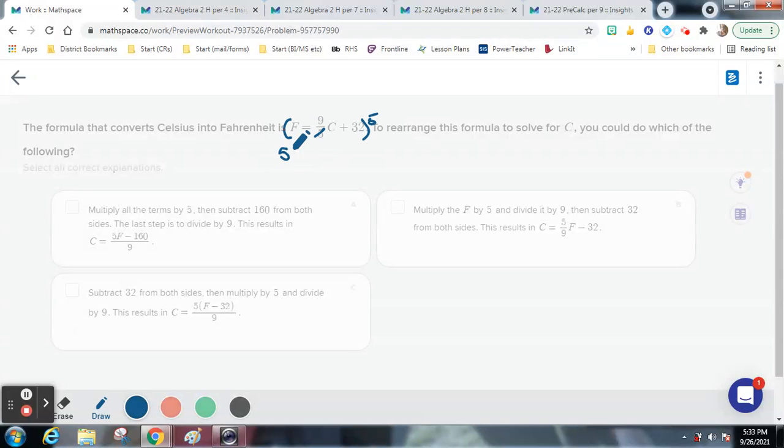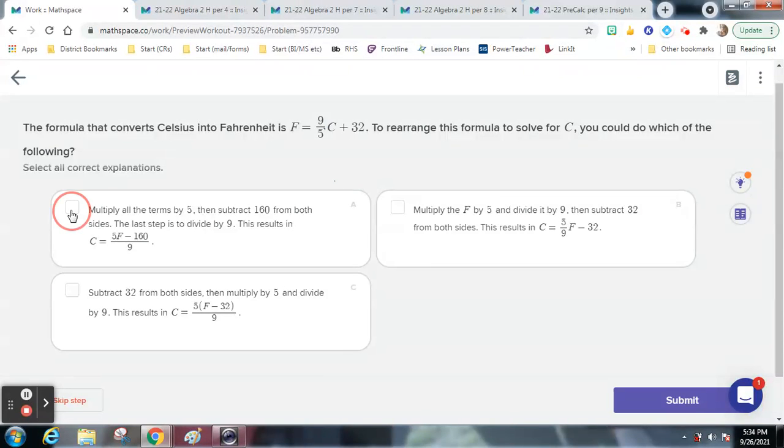It'll cancel that out, you're going to be left with this formula, you would subtract 160 and then divide by 9, and you do get what they have. So that is a completely valid answer there.